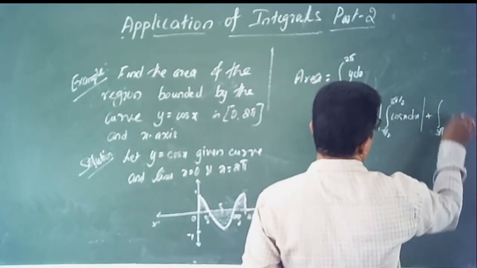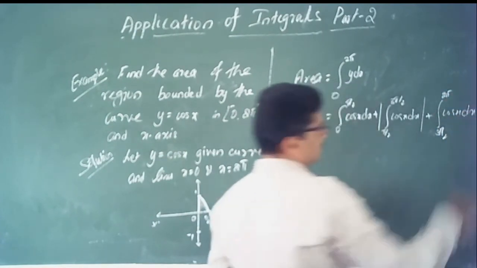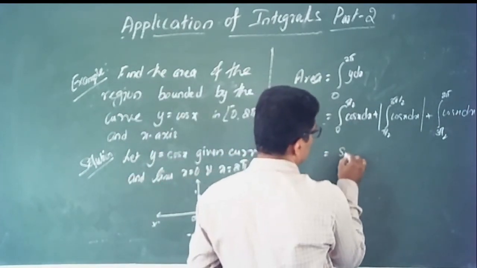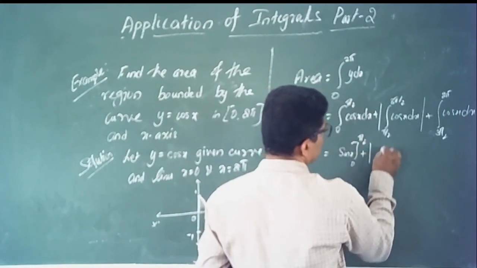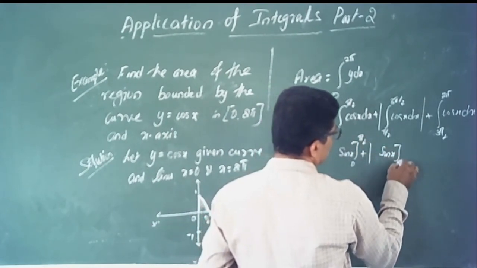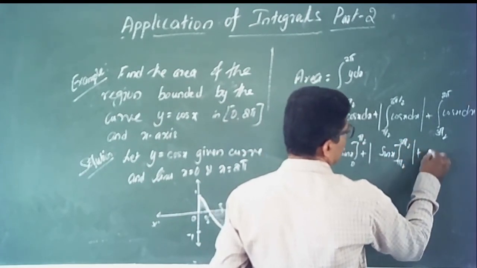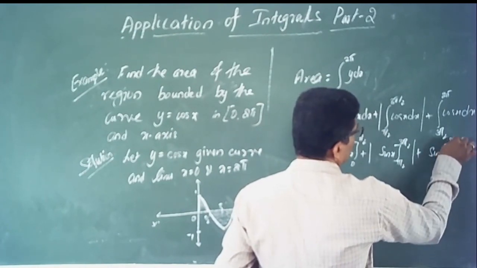Therefore, as it is, 3 pi by 2 to 2 pi cos x into dx. We split this and write. Now integration of cos x is sin x, which we know. The range is 0 to pi by 2, plus modulus sign sin x, the range is pi by 2 to 3 pi by 2, plus sin x, the range is 3 pi by 2 to 2 pi.